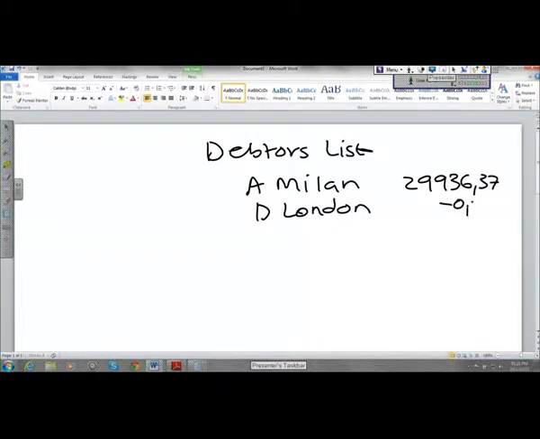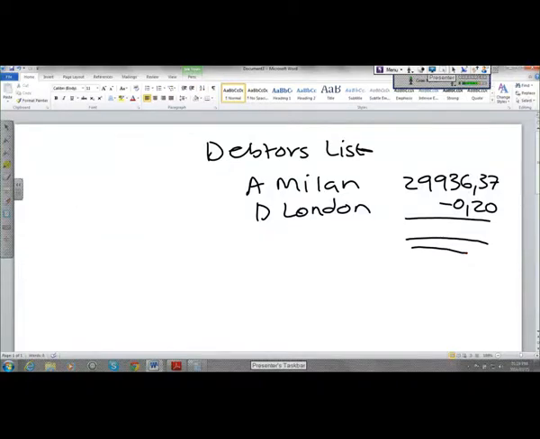So basically we add this all together, and then this is our debtors list. This one is just a summary. If as a business we want to have an idea as to how much all our debtors are owing us, we will be able to get it from this figure.